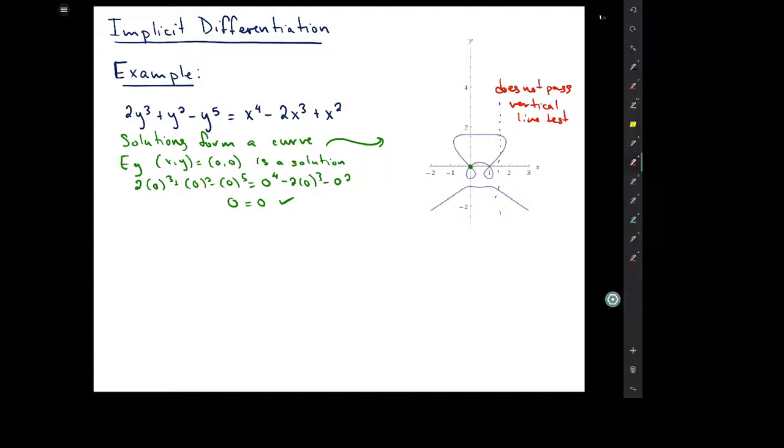So over here in our equation, there's absolutely no way that we can solve for y in terms of x. We cannot solve for y in terms of x. And so y is not a function of x.